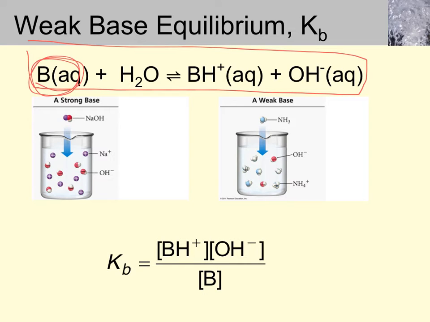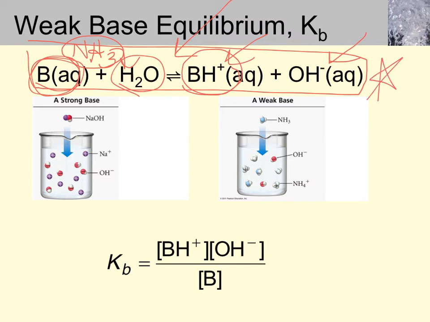When you put a weak base, and they're typically nitrogen-containing neutral compounds, in water, that weak base is going to snatch a hydrogen ion from water and make the cation form of the weak base and a hydroxide, which is what is left over from the water. So it's a little bit different than the acid. You don't just break it apart. You've got to snatch a hydrogen from water. So pay close attention to that. That's a place for students to get tripped up.